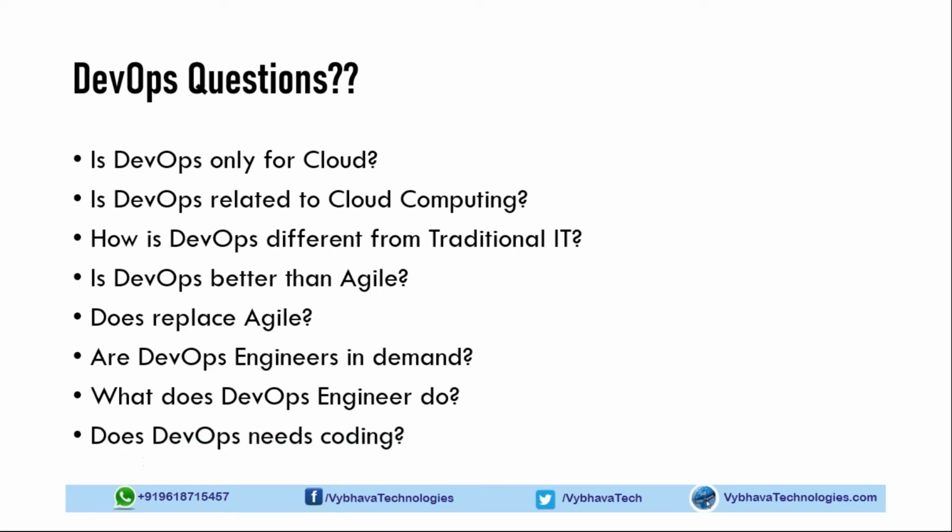Okay, does DevOps need any coding? You don't need a particular programming language, but if you know coding and have the logic to build, then that is enough. You don't need to be very expert in coding. You need only very small pieces, because a lot of code is already available in GitHub. You just need to understand the code and modify a few changes. That is enough to run as a DevOps engineer.